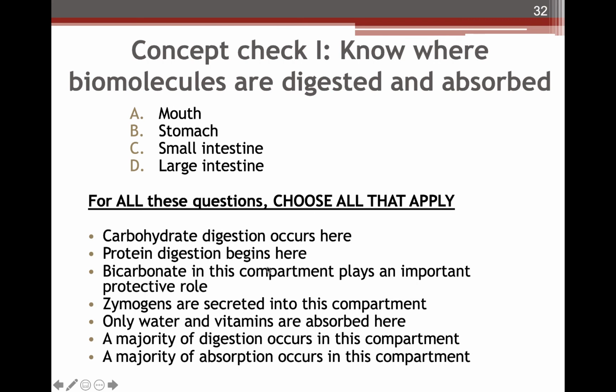So make sure you read the questions very closely. Am I asking you where the process begins, or where does it just occur? Where does it just happen? And so I'll let you do these little concept check questions on your own, choosing from this list. And if you want to check your answers, you're welcome to take a picture of this slide and send it over to me, and I will evaluate your answers.